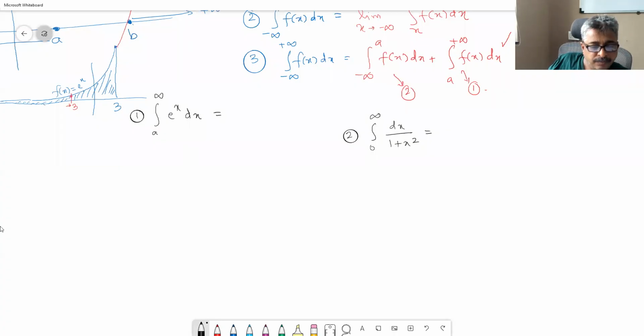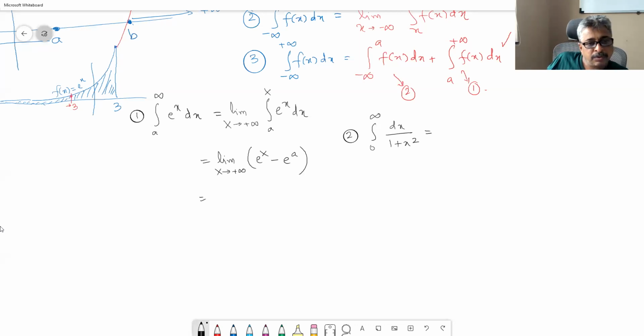Okay, the first one we will write as limit x tends to plus infinity integral a to x e raised to x dx, which will be, now I can evaluate this definite integral, limit x tends to plus infinity e raised to x minus e raised to a. Now, if we really want to evaluate this, it is not possible, it does not exist, because e raised to x is a huge number, and this is a finite number.